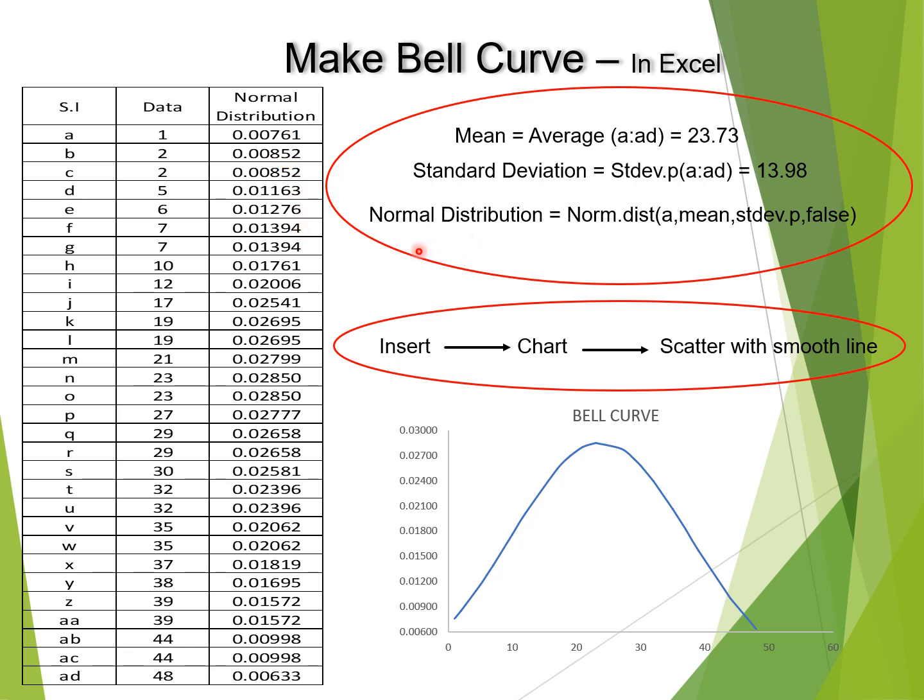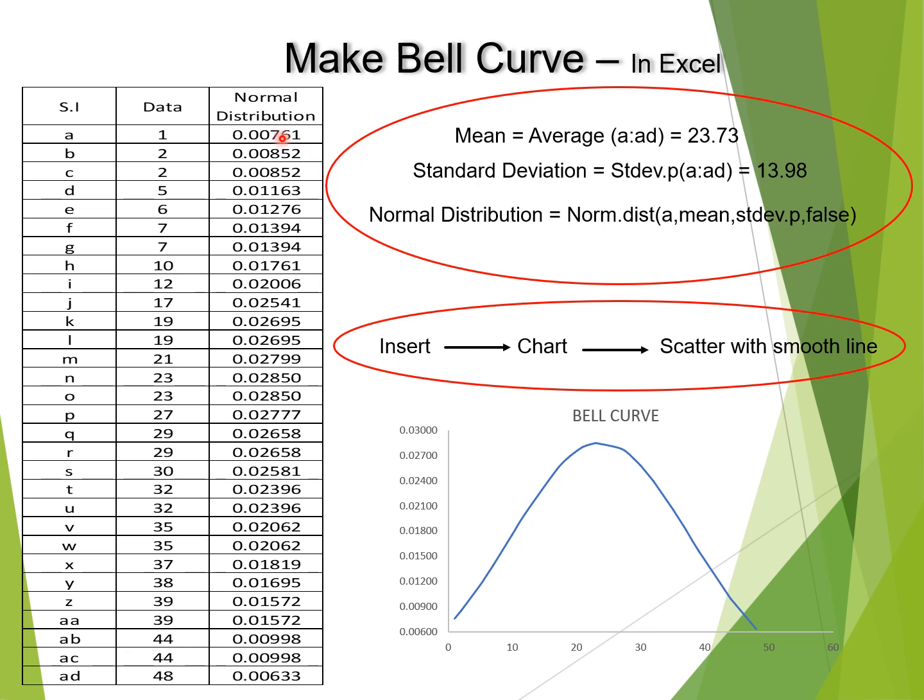Again we take a formula, NORM.DIST. Then we take each data point, for the first one A, comma, mean, comma, standard deviation population, comma, and then FALSE, and then we close the bracket.